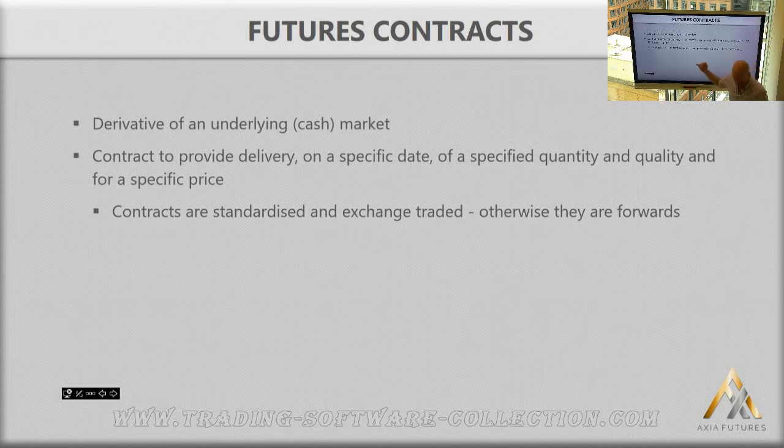That's the key thing as well, that they're standardised and they're on an exchange. If they're not on an exchange, they're forwards. These are negotiated individually between banks, between individuals, between whoever.